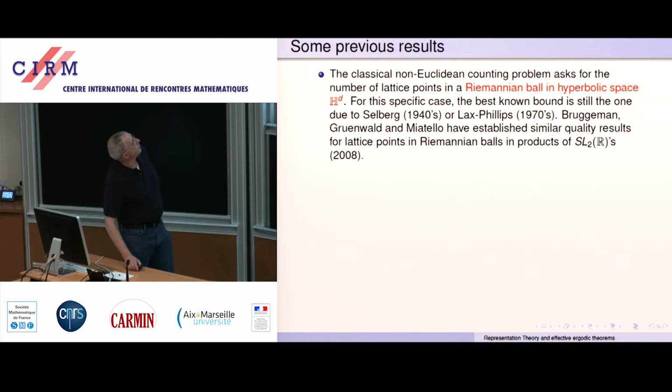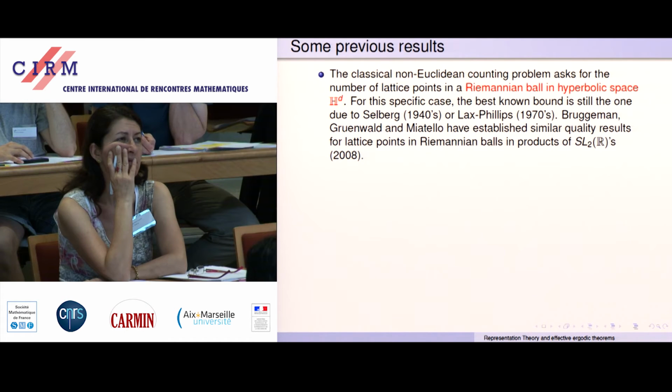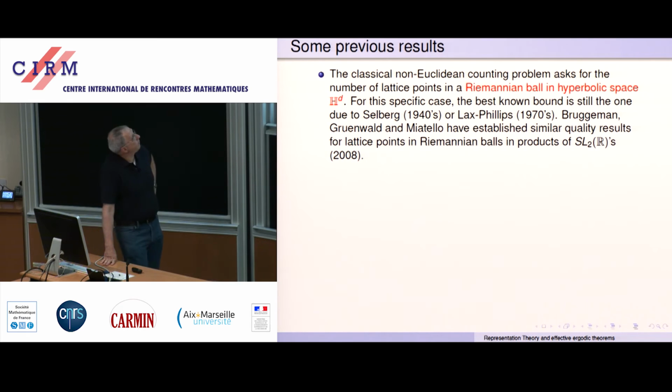So let me mention some previous results. The classical non-Euclidean counting problem asks for the number of lattice points in a Riemannian ball in hyperbolic space H^d. For this specific case, the best known bound is still the one due to Selberg already in the 1940s, or to Lax-Phillips in the 1970s. And more recently, Bruggeman, Miatello, and others have established similar quality results for lattice points in Riemannian balls in products of SL2(R).